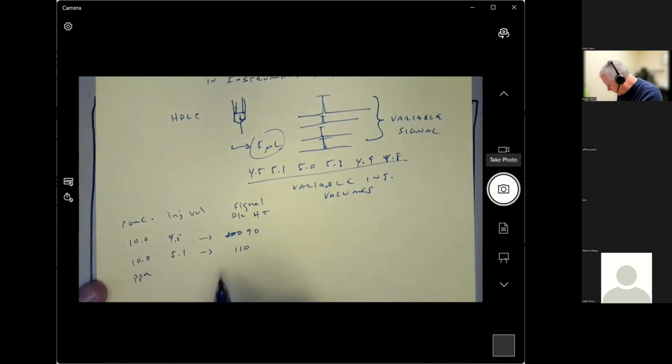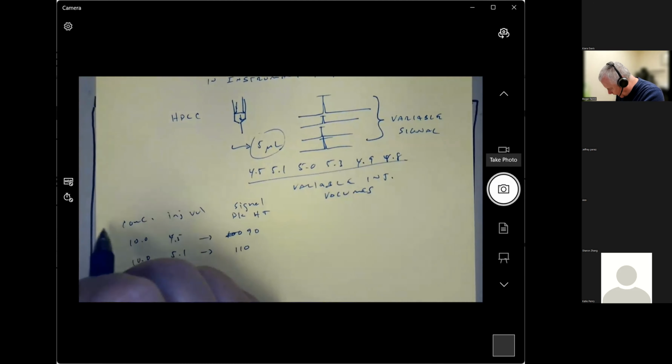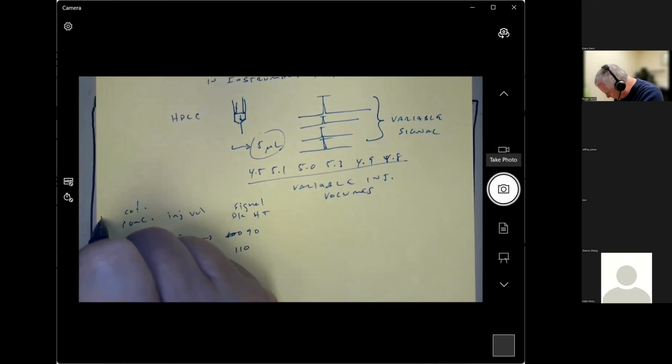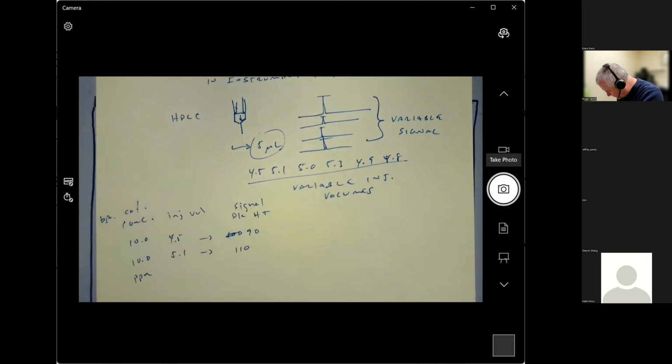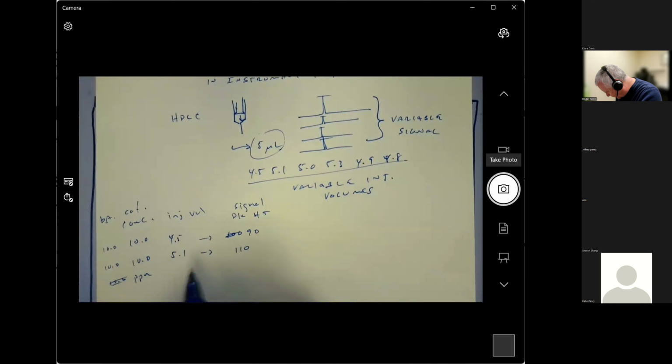Okay, cool. So now what we do is we add another chemical. Let's say this is caffeine, right? We could add some benzoic acid, which has its own peak, and we'd say 10.0, 10.0, 10.0, and this guy gives 10.0.